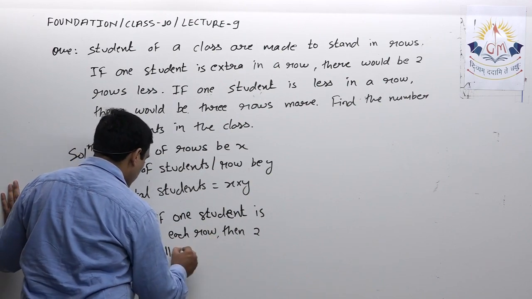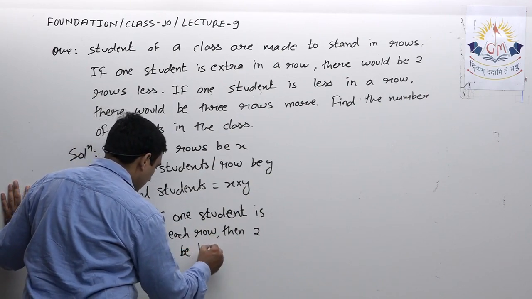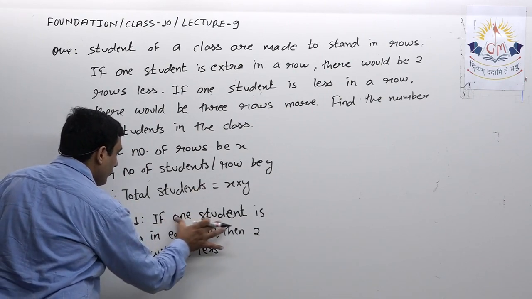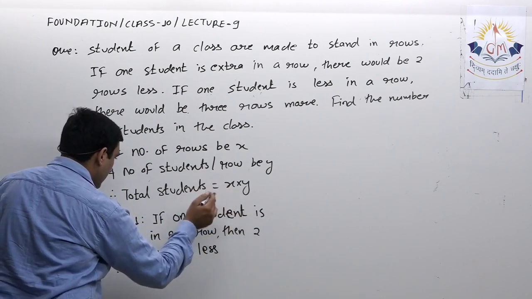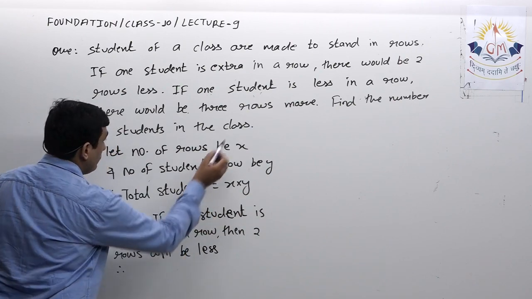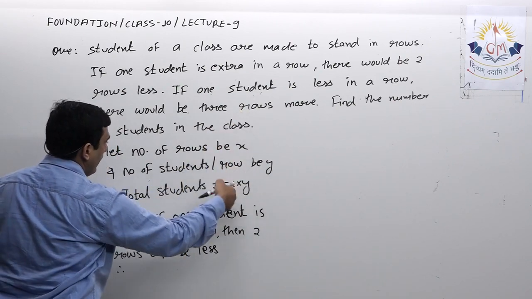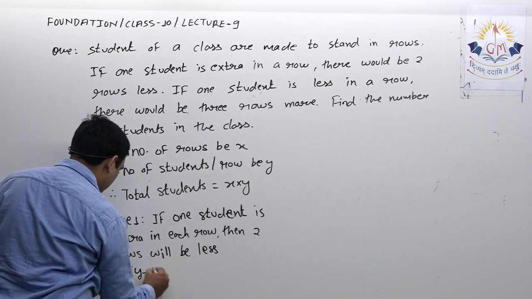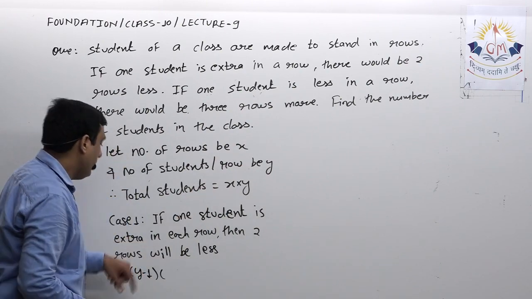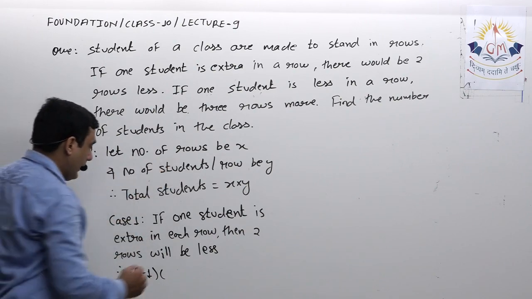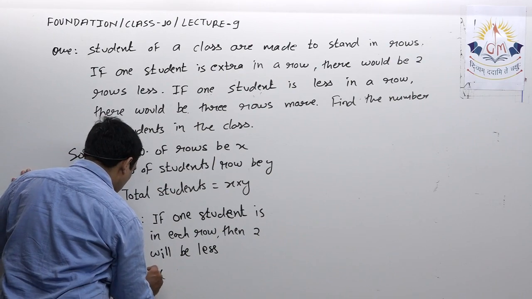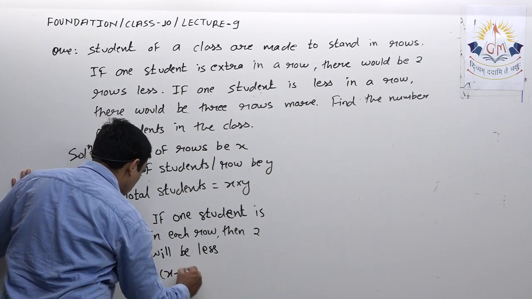So the number of students in each row is y plus 1, and the number of rows is x minus 2.